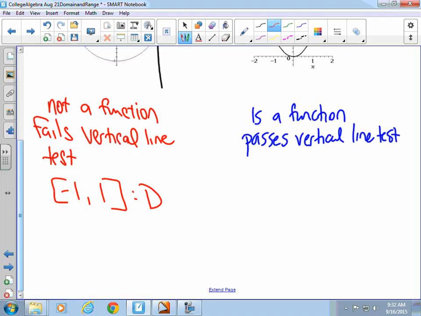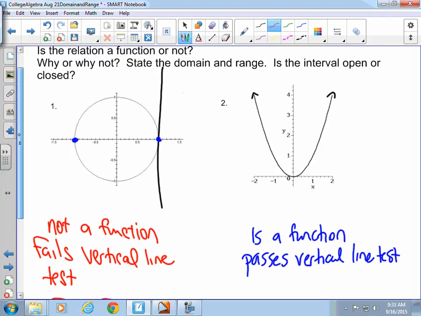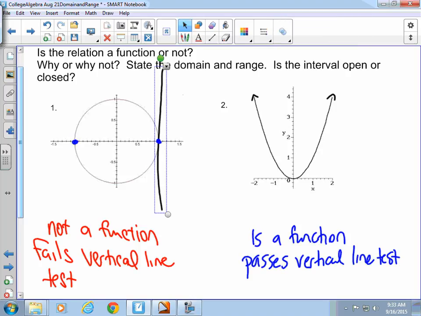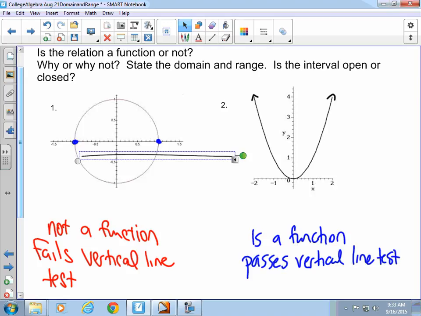It asks, is that an open or closed interval? It's kind of a weird question, but the ones with brackets are closed intervals, and the ones with parentheses are open intervals. Kind of think of it like the open circle and the closed circle. The brackets are closed intervals, and the parentheses are open intervals. So that's a closed interval. And then the range is also going to be -1 to 1. So this time I'm going to take my line and make it a horizontal line.